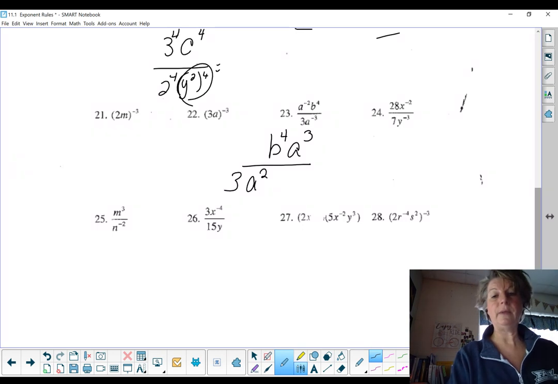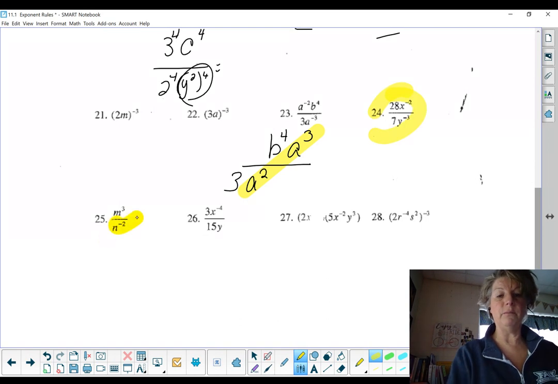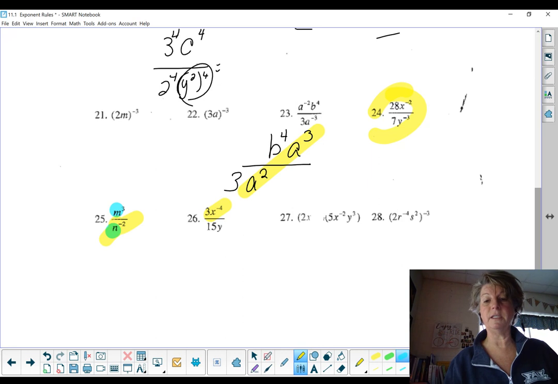Now, the only thing left to do on that problem is to simplify those, okay? And then you're done. 24 is going to be kind of the same. Move the things with the negative exponents. Ooh, watch that one. I see different variables. I would move the n, and then that's about as much simplifying as can happen.